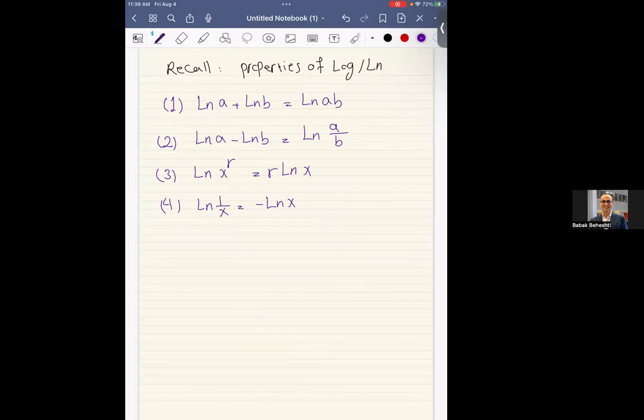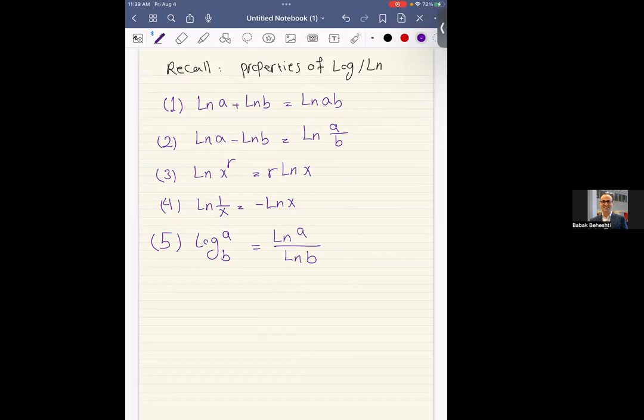Now I want to add one more rule, that is log of a with base b equal to ln of a divided by ln of b.